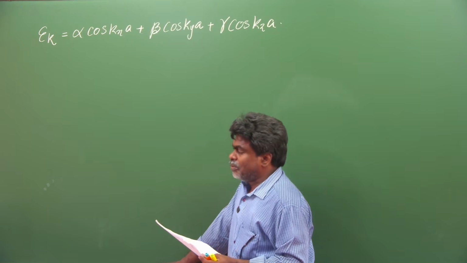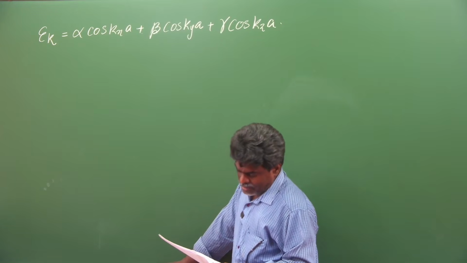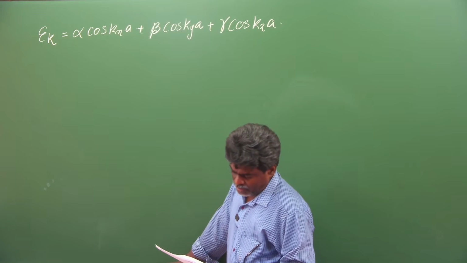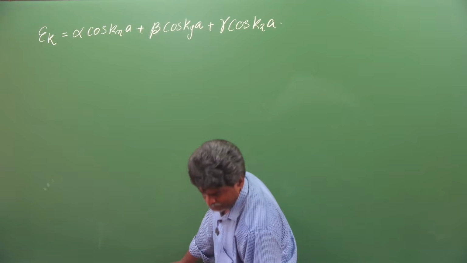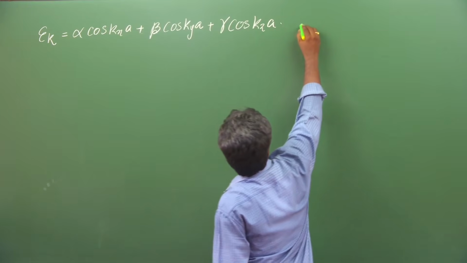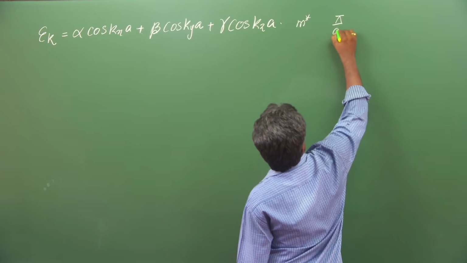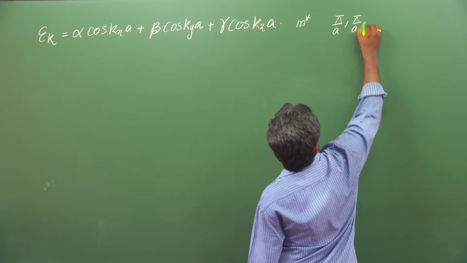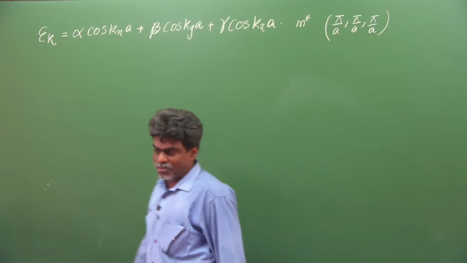The effective mass tensor at the corner of first Brillouin zone, pi by a, pi by a, pi by a, has given the point.